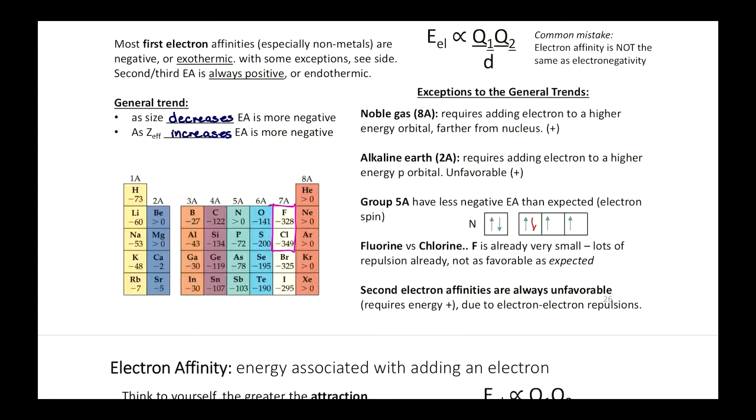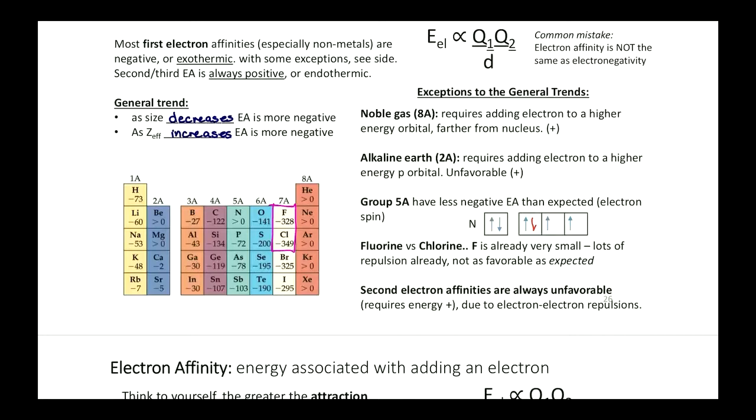And the reason is that fluorine is already so small. Just imagine, fluorine's really, really small. We are trying to shove 8 valence electrons in a really small space. When 8 electrons are in a small space, electrons are negatively charged, what kind of force is going on there? Repulsions, yes.